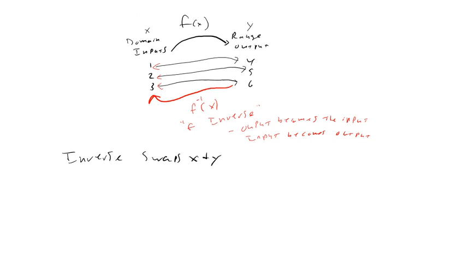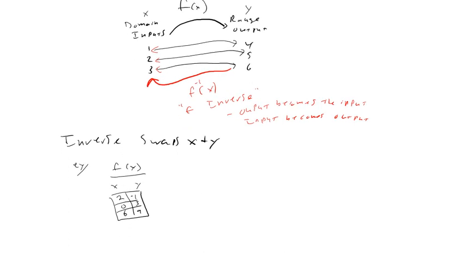For example, if you had a function f of x, and let's say you had a table of x, y: 2, -1; 0, 3; and 6, 9.